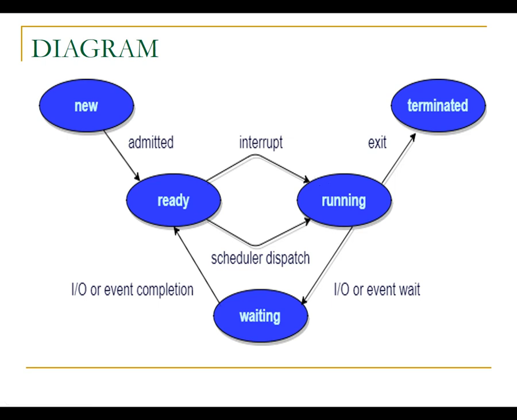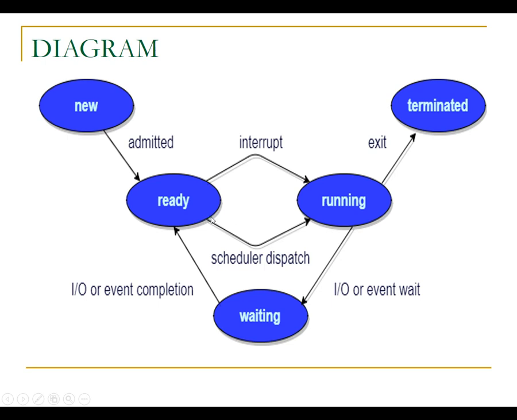It's a toggle state: if the toggle state returns 1, then the process transfers from the ready state to the running state, and if the toggle state is 0, then it stays in the waiting state till its toggle state returns 1.